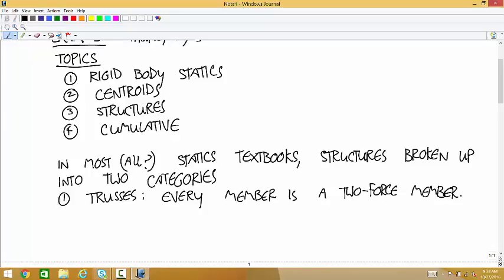Well, obviously that doesn't cover every kind of structure, because if you include the weight of a member, it's already not going to be a two-force member. And so they also use the category frames. And in frames, they're not two-force members.